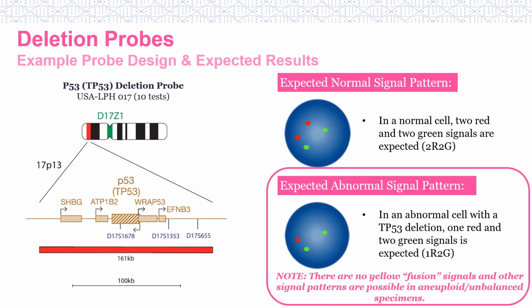Though, as you can see on the bottom right-hand side, an analyst may also see the expected abnormal signal pattern as well, which will be 1 red and 2 green signals, or 1R, 2G. Please note that no fusion or yellow signals should be recorded when reading this probe. However, other signal patterns are possible in samples that contain aneuploidy or unbalanced rearrangements.